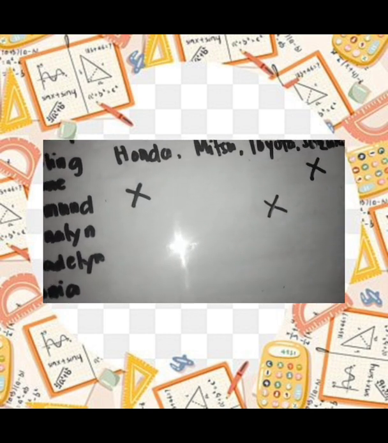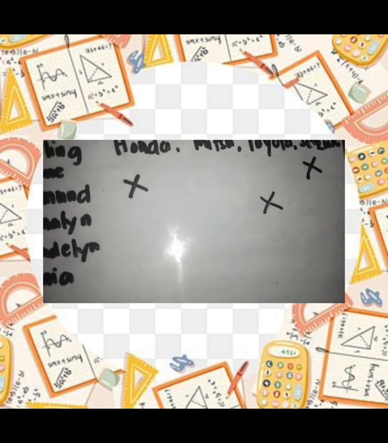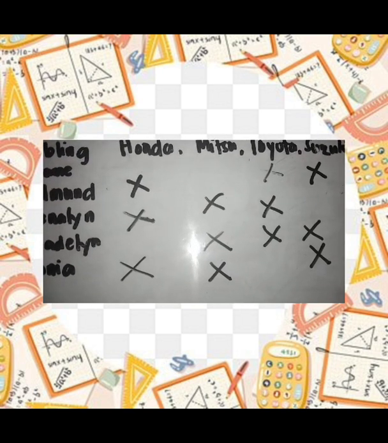And the last is Madeline. She did not like Toyota and Suzuki cars, but she and her sibling with the Toyota car live in the same house. And Sonia is not living alone. And that is the final answer.